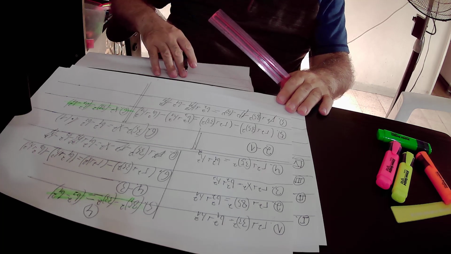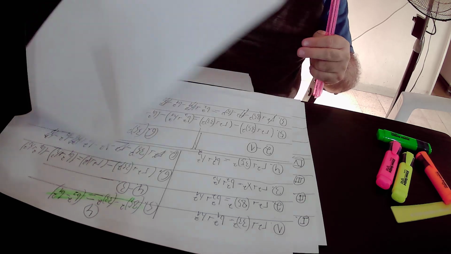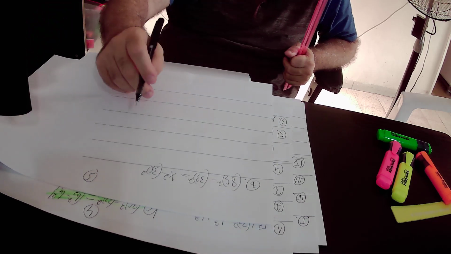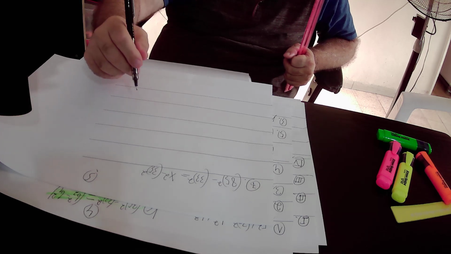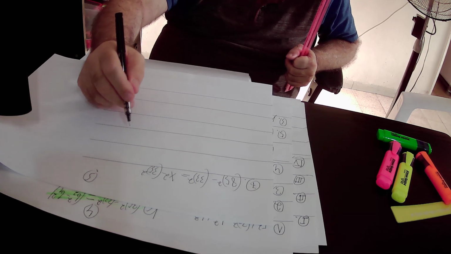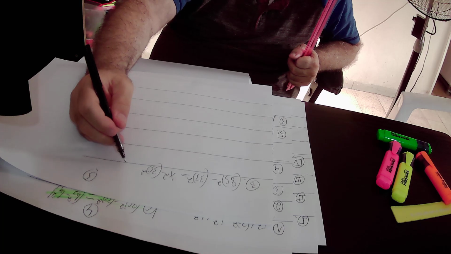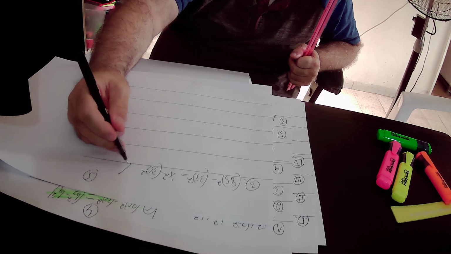In conclusion, according to equation number 7, 85 squared minus 33 squared equals x squared minus 35 squared.